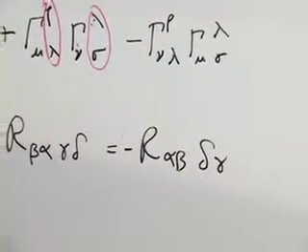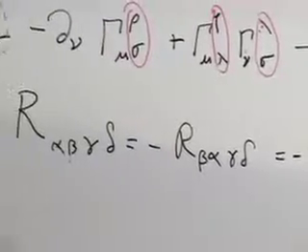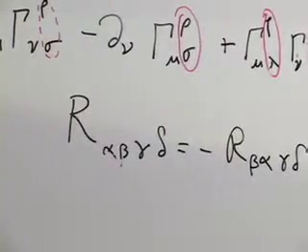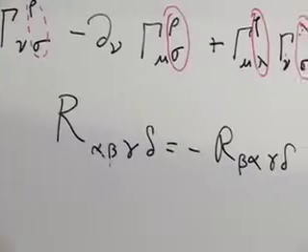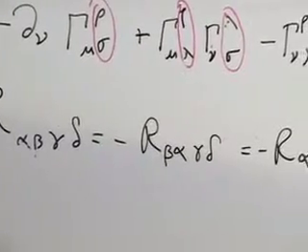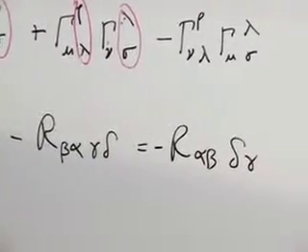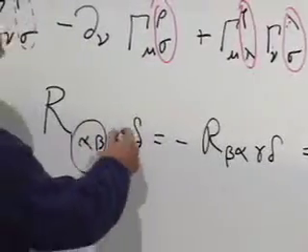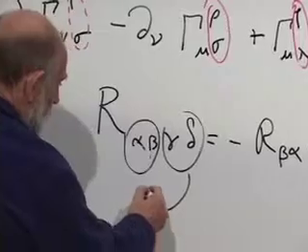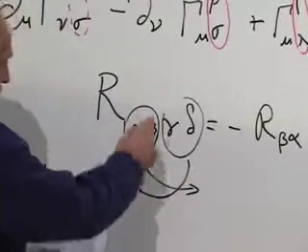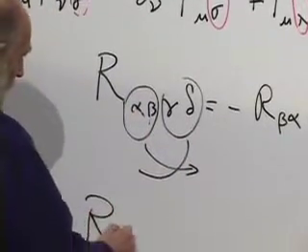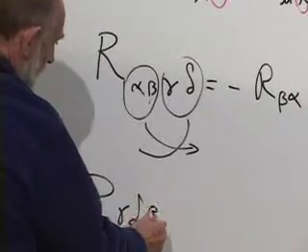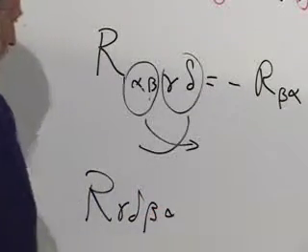Anti-symmetric with respect to these two, and anti-symmetric with respect to those two. The only other important thing is that it's symmetric with respect to interchanging these pairs of indices like so. In other words, this is equal to R gamma delta alpha beta.